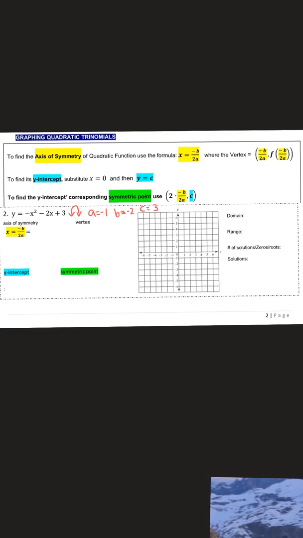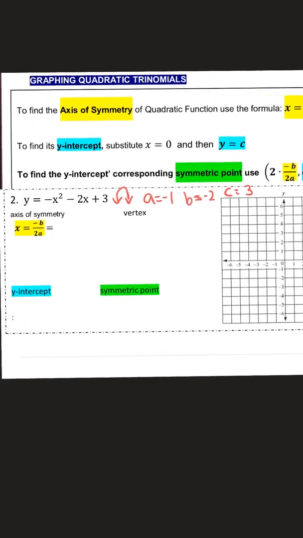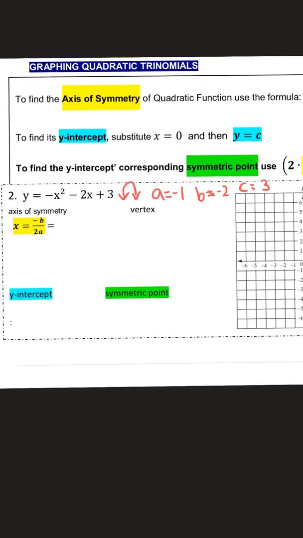Okay, so now I'm going to plug those numbers into my axis of symmetry formula and find our axis of symmetry first. So my b is already negative. I see a -2, so I'm actually going to put 2 negatives here: negative from the formula and then negative from the 2. So -2 over 2 times -1, which is my a.